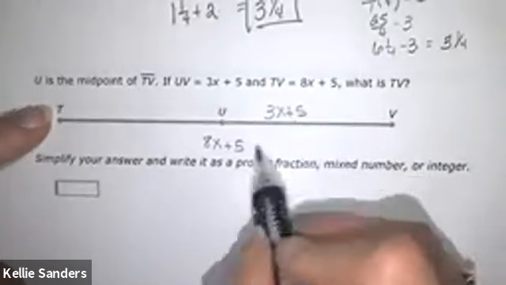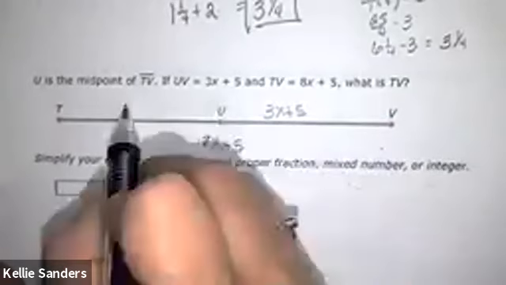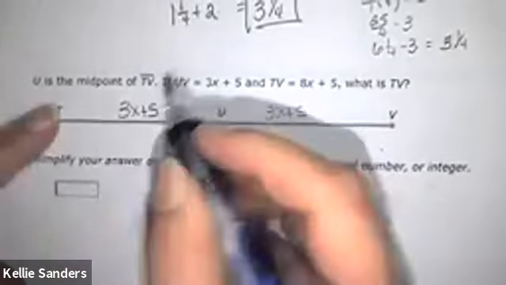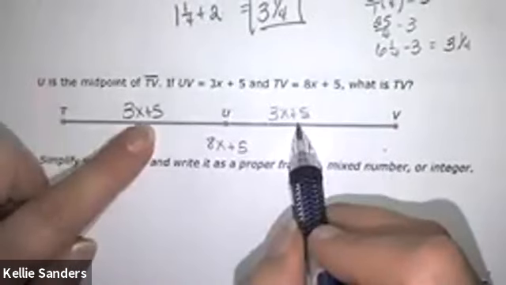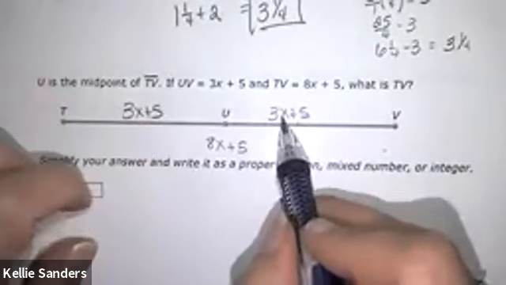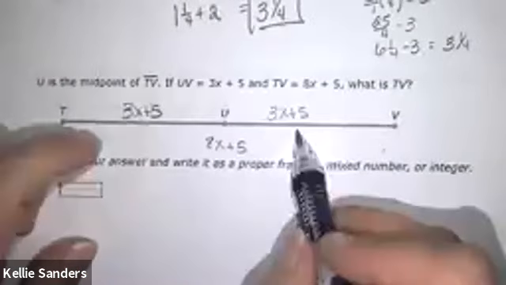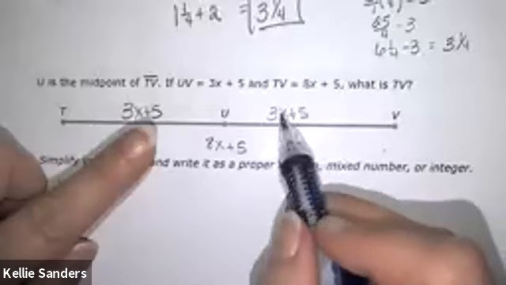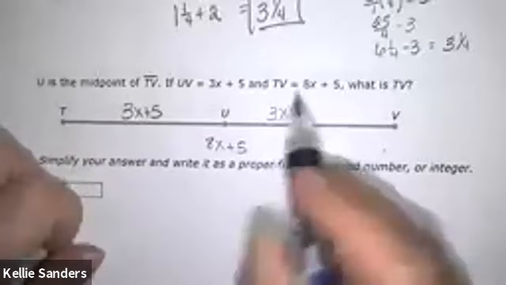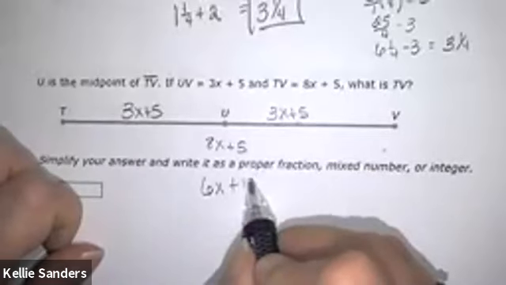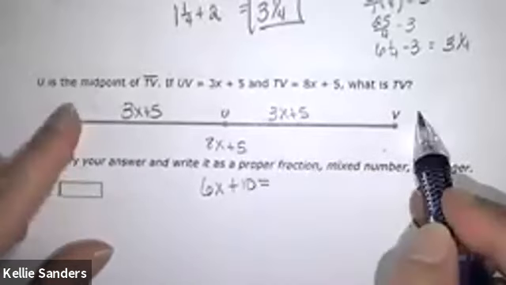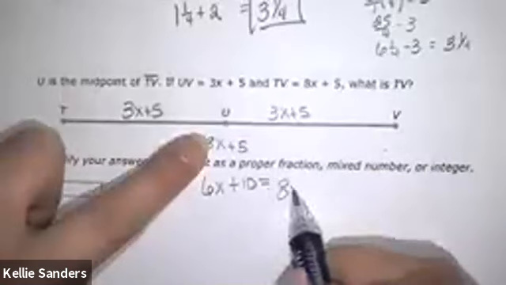They gave us the total. So we're going to put this back over here. If you wanted to make it easier, if you have a 3x plus 5 over here and a 3x plus 5 over here, that just means we doubled it. So if we started with 3x and we double it, we get 6x. If we had 5 and we double it, we get 10. So that's what we get if we added the whole thing.